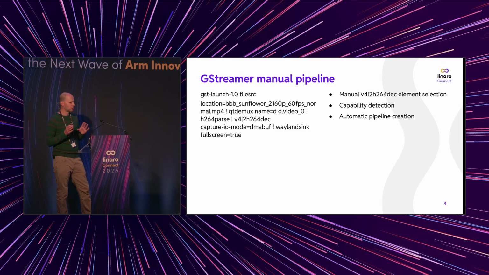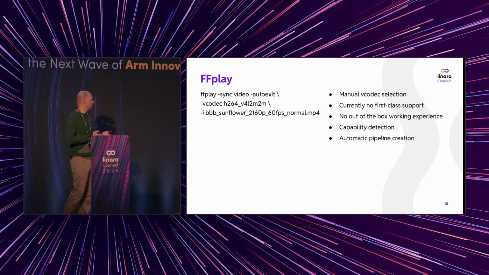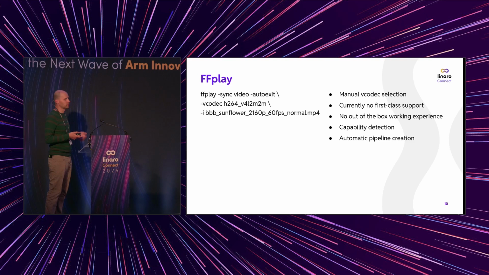I'm not a GStreamer or FFmpeg expert. I know that there are some parts where you can automate some of these things, but in general, it's a lot of work. Same on the FFmpeg side. If you use FFplay, you select the decoder option there. Again, capability detection and automatic pipeline creation is something that we are missing to really make a full out-of-the-box experience for a user to make that work.